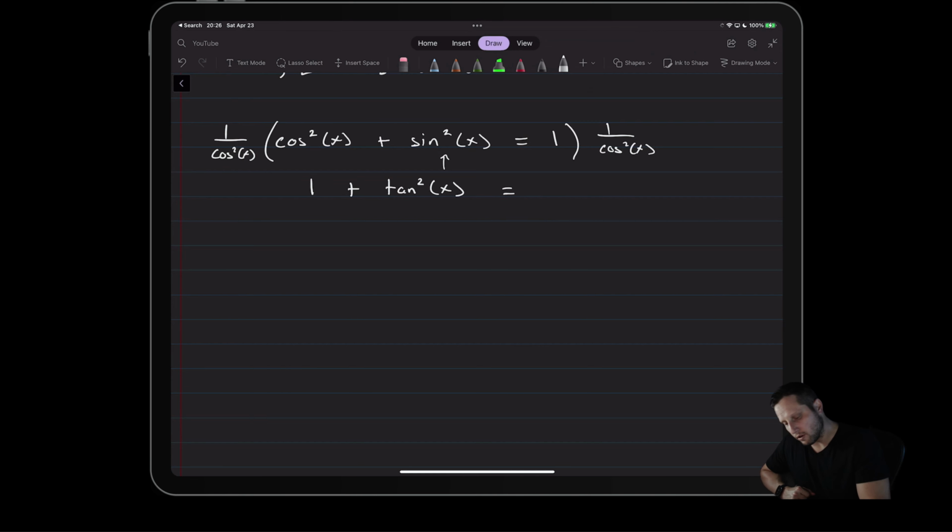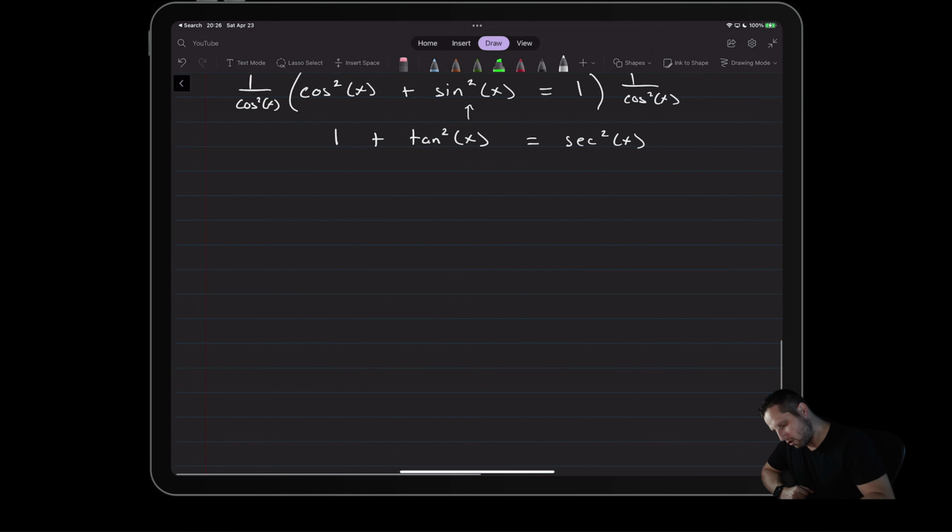Equals 1 over cosine squared of x, and 1 over cosine is secant, so then 1 over cosine squared is going to be secant squared. Okay, and then from here you can manipulate this to solve for tangent x. You just subtract 1 from each side, and then there you have it.